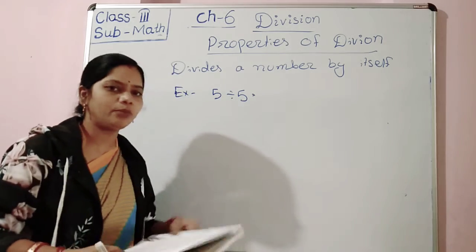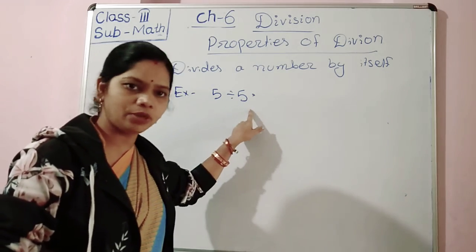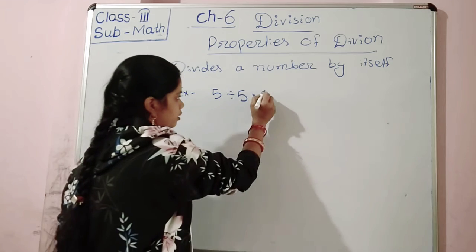When we divide a number by exactly that same number our answer is 1.